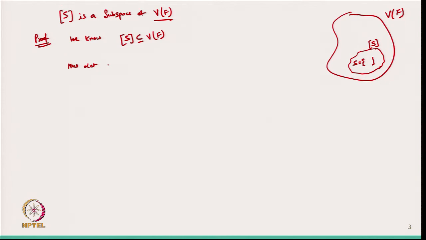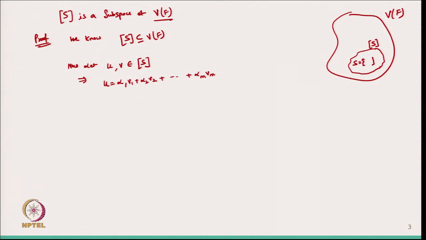Suppose I take one element, I call it U, and another element V, belonging to span S, which implies that, if this belongs to the span S, it should be a linear combination of the vectors belonging to the set S.